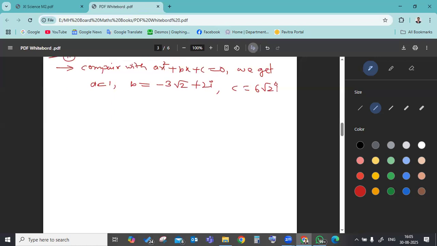Okay. Now this delta is b square minus 4ac, right? So it is b square minus 4ac: (minus 3 root 2 plus 2i) bracket square minus 4ac.